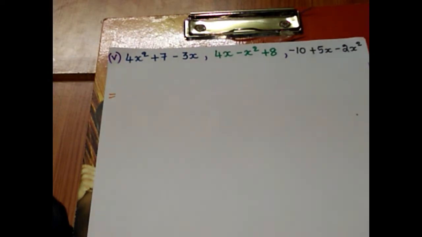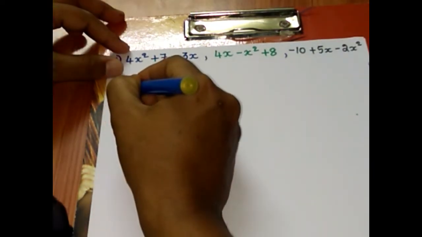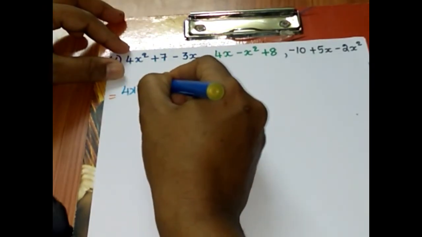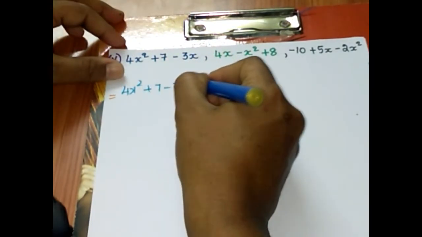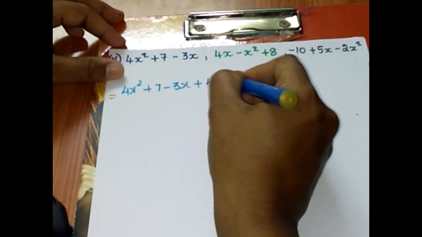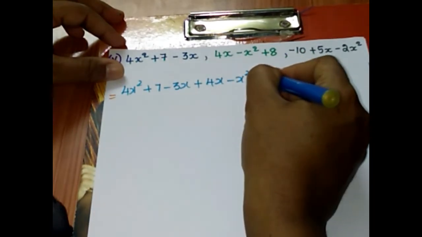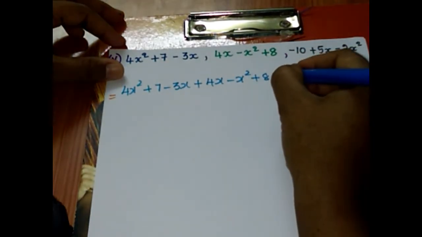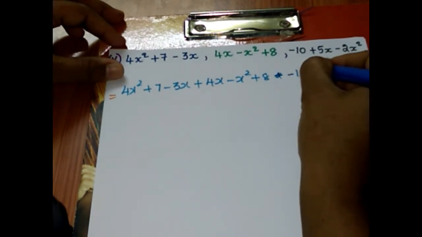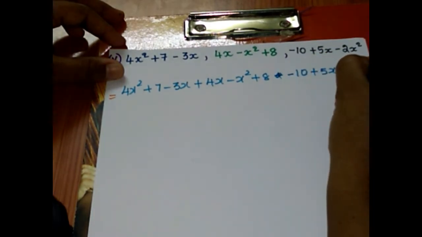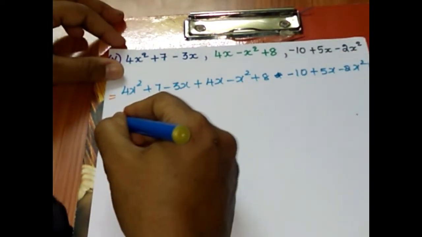4x square plus 7 minus 3x plus 4x minus x square plus 8 minus 10 plus 5x minus 2x square.